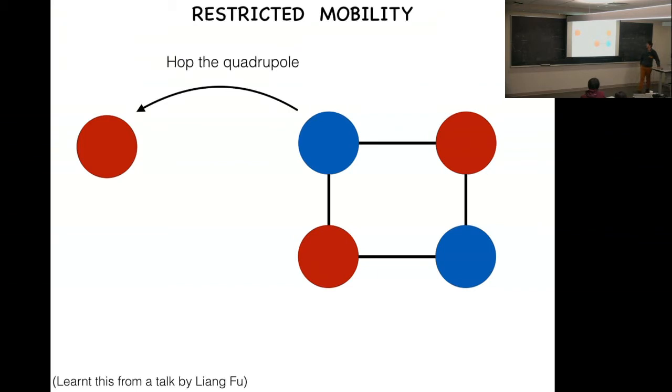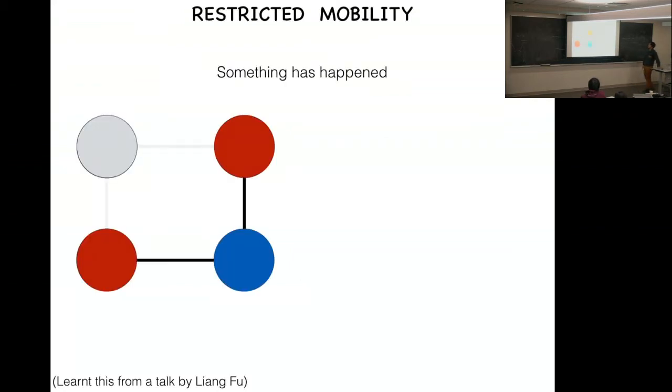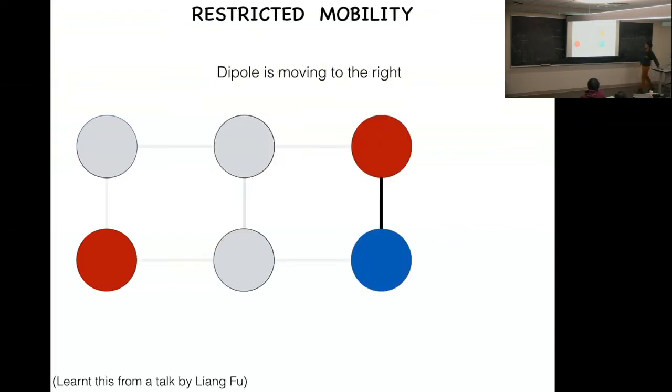Let me try to use this quadrupole to move the charge. Something happened, but it's not really clear what happened. I just annihilated the charge. Let me pull another quadrupole out of the vacuum and apply it to these two charges. Well, if I do this one more time, this combination has moved to the right.